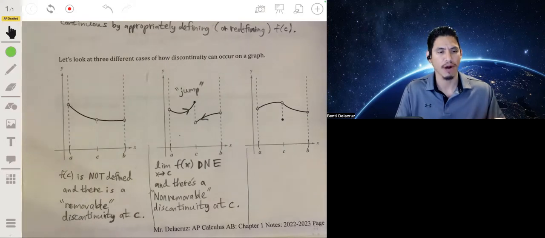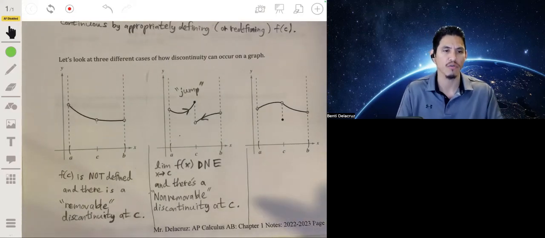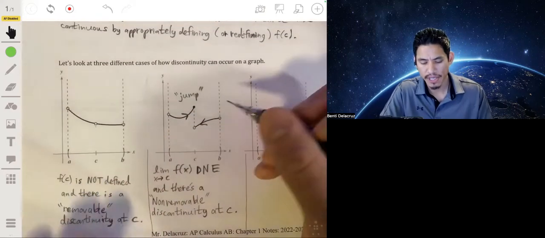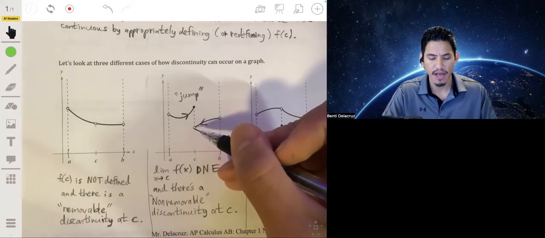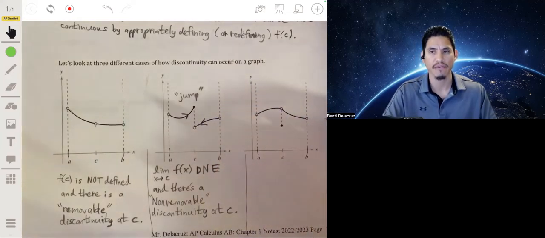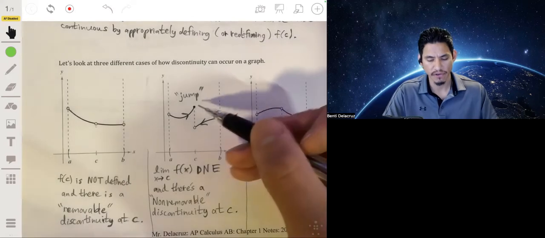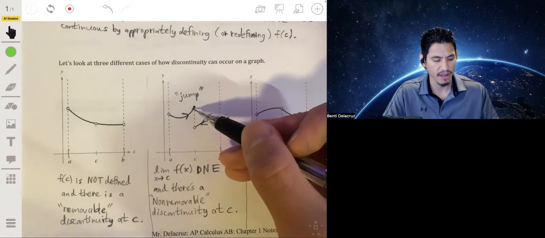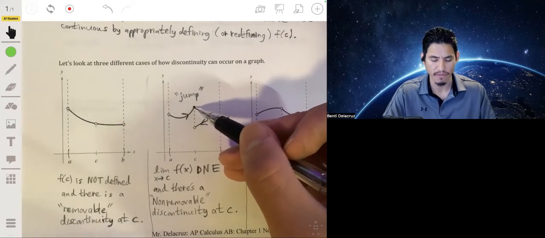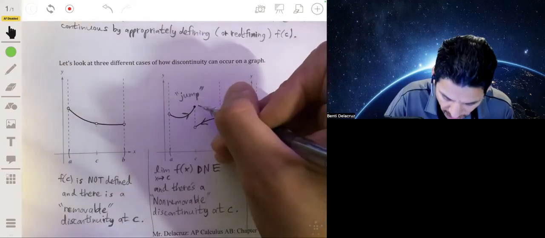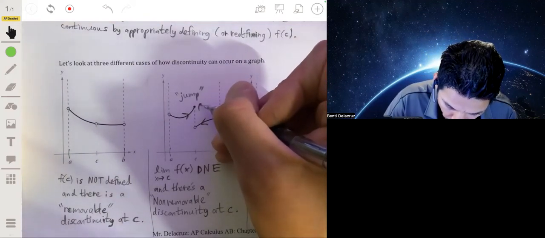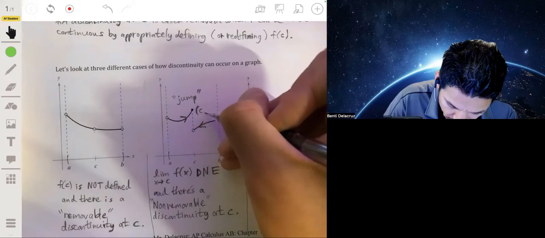Now, why do we say it's non-removable? Because we can't just redefine f of c to make the graph continuous at c. First off, f of c is already defined. Let's label it to make it clear. This is c, f of c.